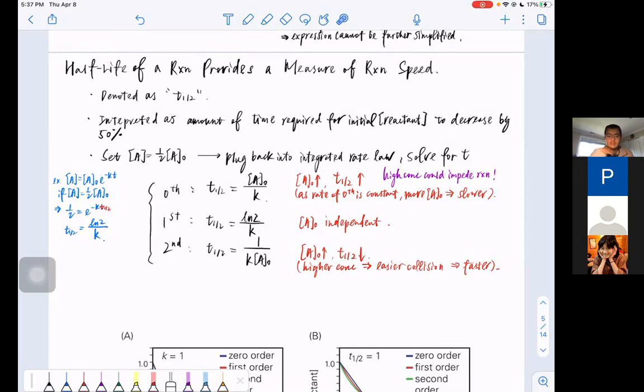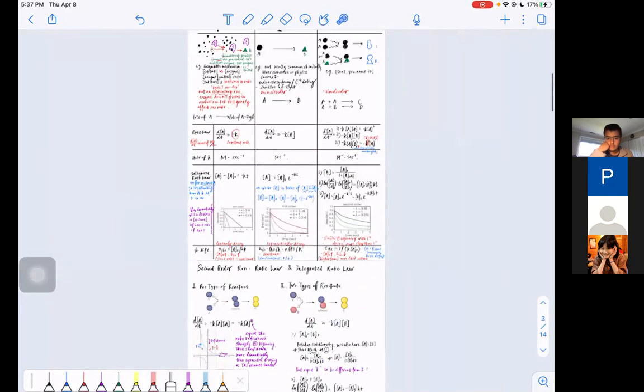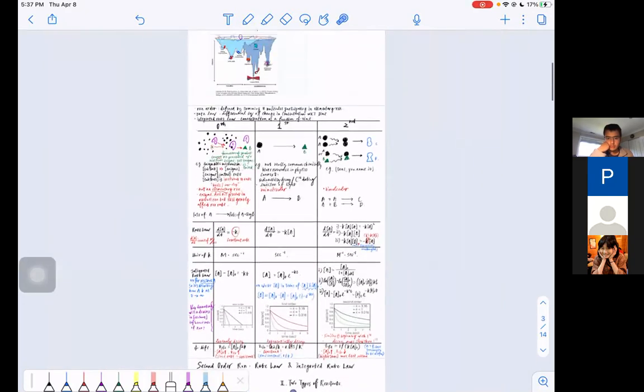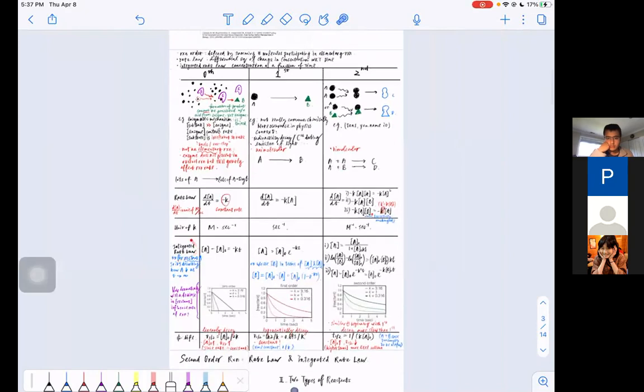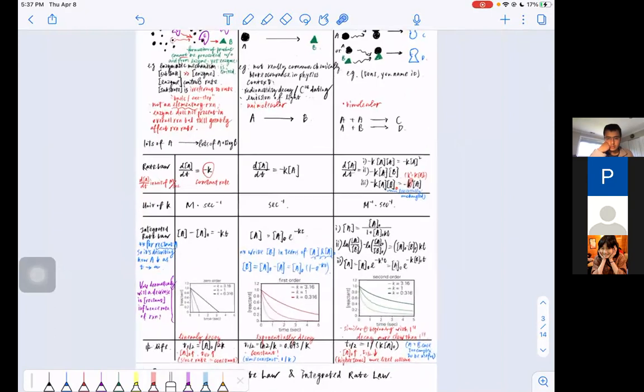It's not hard at all to figure out half-life. You essentially just set your concentration to half of the initial concentration, plug back into the integrated rate law, and solve for t. If you forget, I have the integrated rate laws for zero, first, and second order written out, and you can refer to them.